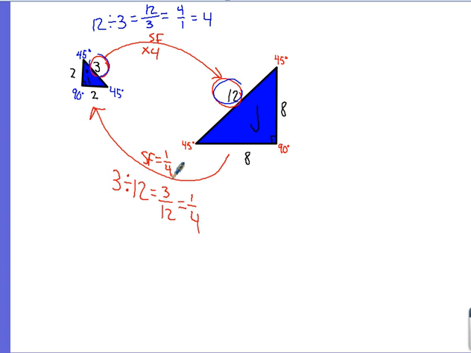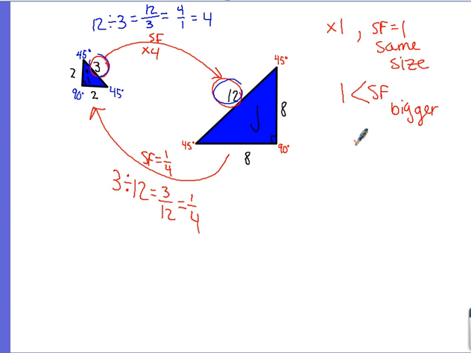The other thing that you need to think about is the only number that we can multiply by a figure without changing its size is times 1. So if it has a scale factor of 1, it will be the same size. If it has a scale factor that is greater than 1, it will get bigger.